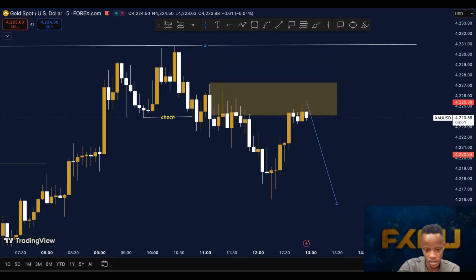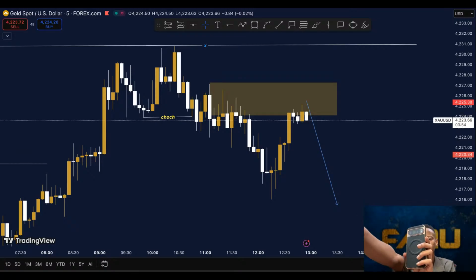What I want is for gold to slope from here because we had our confirmation. It's a choke confirmation. We had it around this zone. I would prefer price to give me my other confirmation, which I won't tell you guys. It's confidential, reserved for my guys in the mentorship.